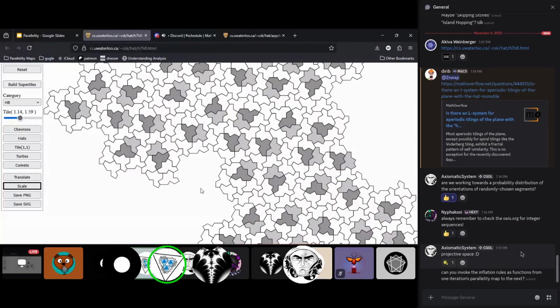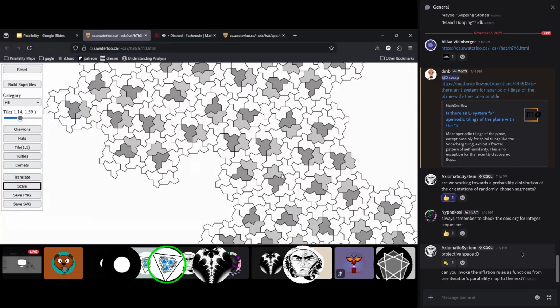Rotating something by 180 degrees puts all of the orientations of line segments back where they started, right? So you could have two different orientations of tiles that lend themselves to the same parallelity map, if that even makes sense. Is there an even distribution of the orientations? It does matter.